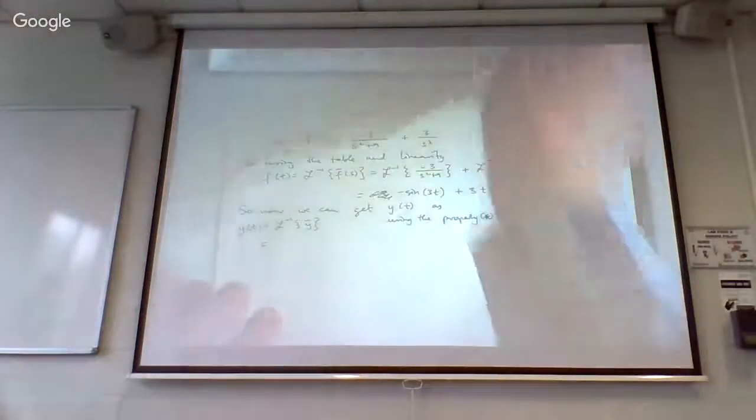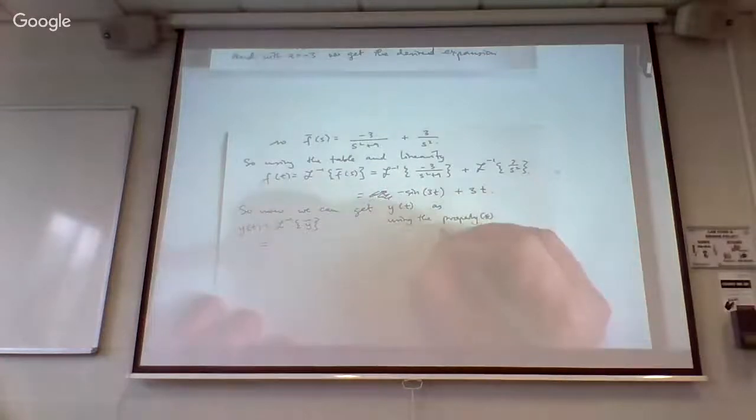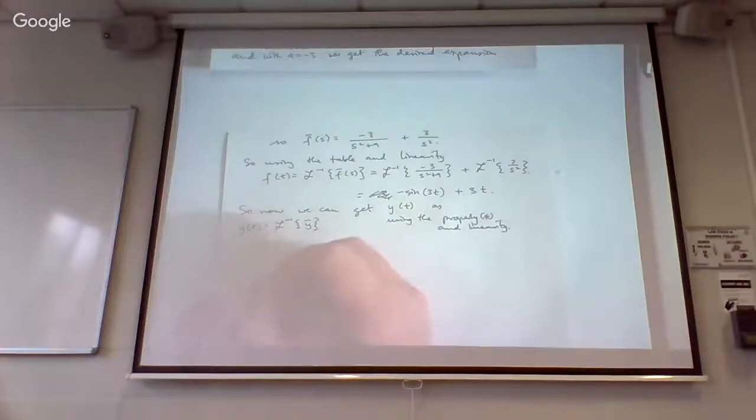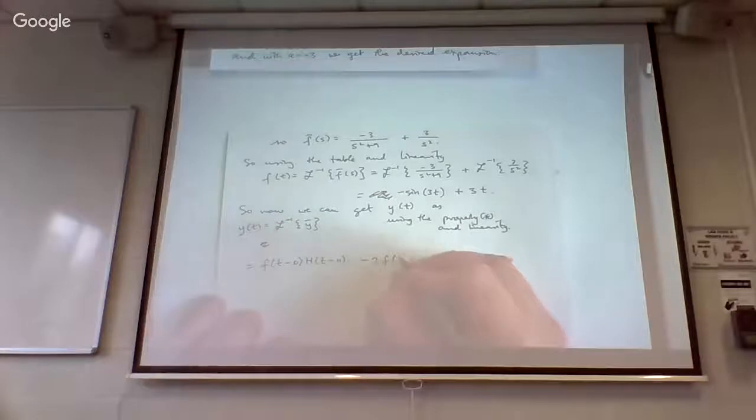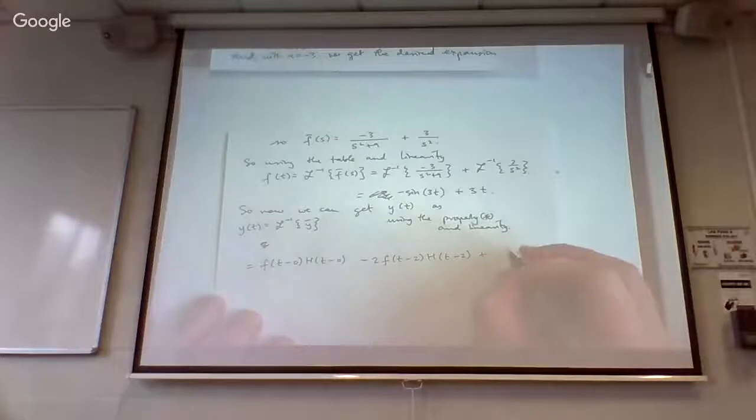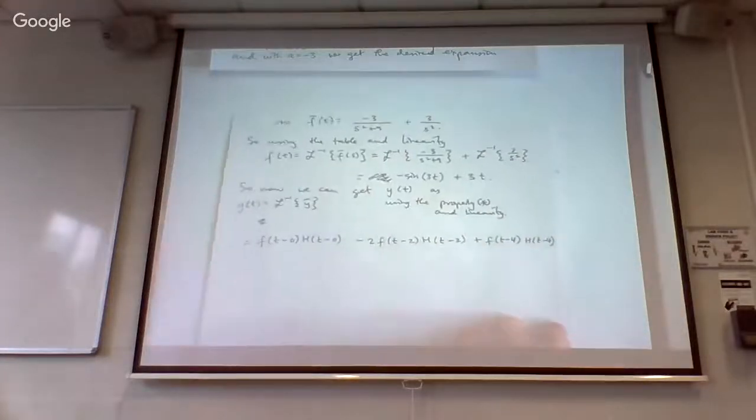So using that property star and linearity, it's f of t minus 0 times h of t minus 0, and minus 2 times f of t minus 2 times h of t minus 2, plus f of t minus 4, h of t minus 4. Yeah?